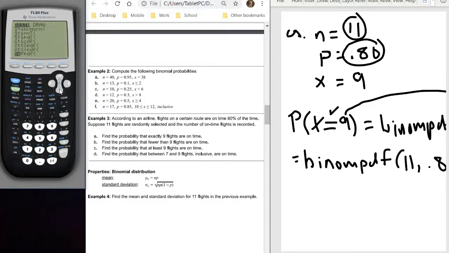The one that we're looking for is Binom PDF. Now, two calculators do two different things. I do want to show you what happens with the 83 and the 84. First, the 84. In the 84, you're going to be asked for the number of trials to begin with. So here we'll type 11.